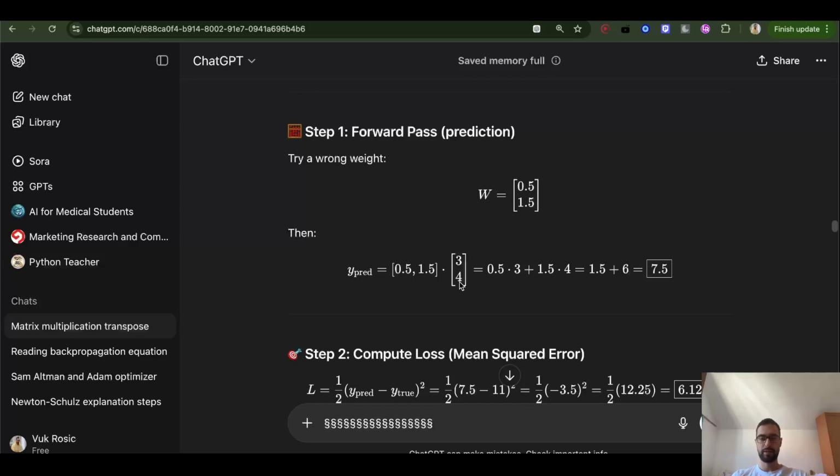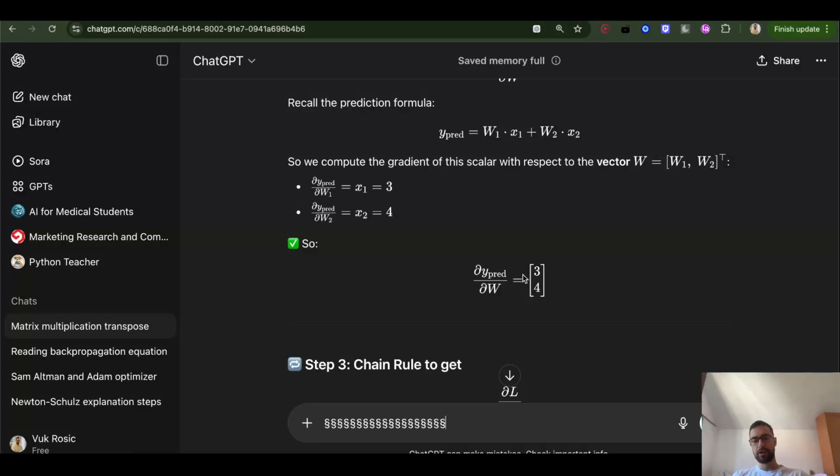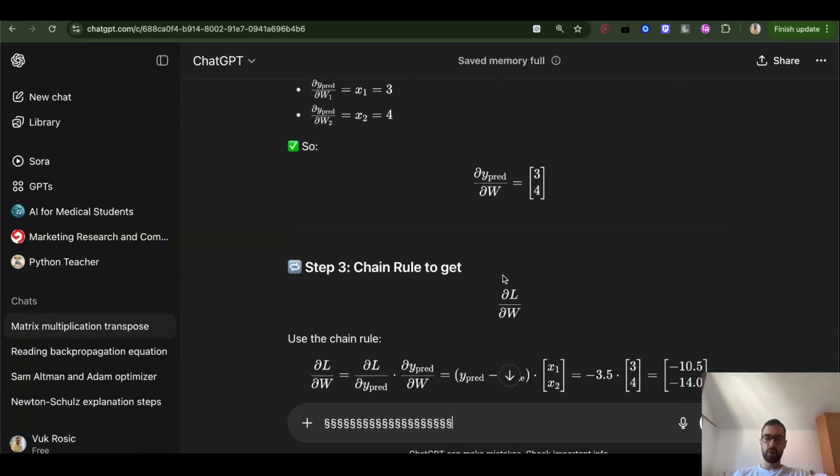If we change w2 by a bit, the result changes 4 times that bit. And for w1, it changes 3 times that bit. Because it's positive, if we increase w, the result will increase for both w1 and w2. And then apply the chain rule as I was explaining.